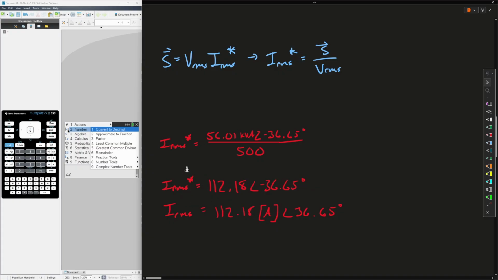And since it's the complex conjugate, you would simply flip the sign of the phase angle for IRMS, and that would get you IRMS equals 112.18 amps with a phase angle of 36.65.